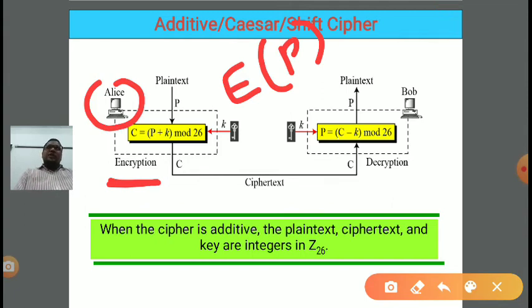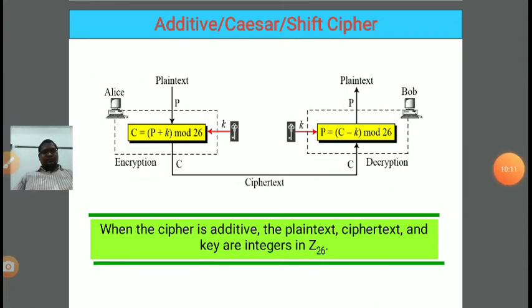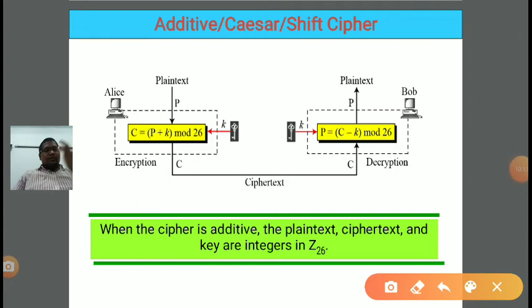So there are 26 possible values, 0 to 25, since I am assuming capital A or small a at position 0, so Z will be at 25. So we have to do mod 26, the total size of the alphabet. Plain text plus k, then mod 26, results in the ciphertext.